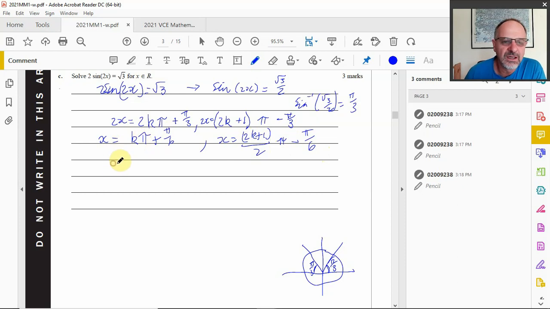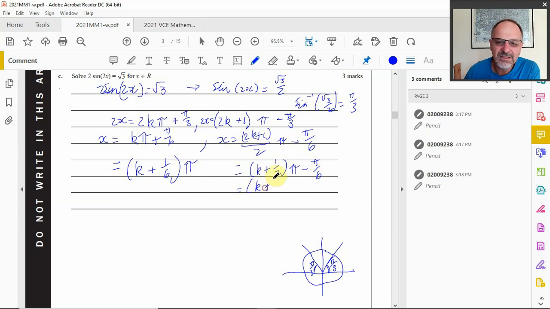All right, then we can rearrange things, and so here we've got pi that's a common factor, so we can go k plus 1/6, lots of pi. And over here, again, there's stuff that we can do with this if we wanted to. So if I put that 2 in, I'll have k plus 1/2, lots of pi, minus pi on 6. Take the pi out as a common factor.